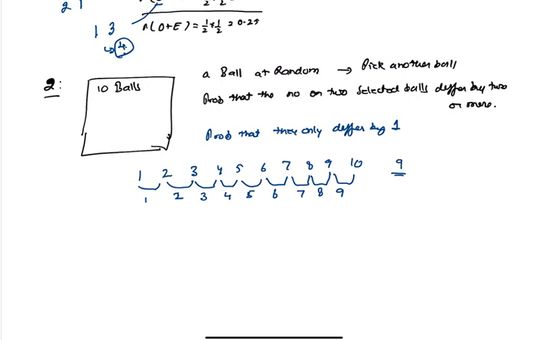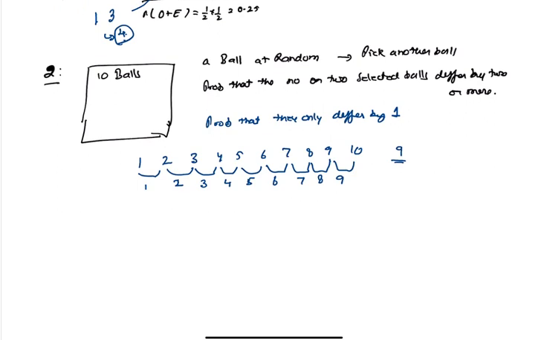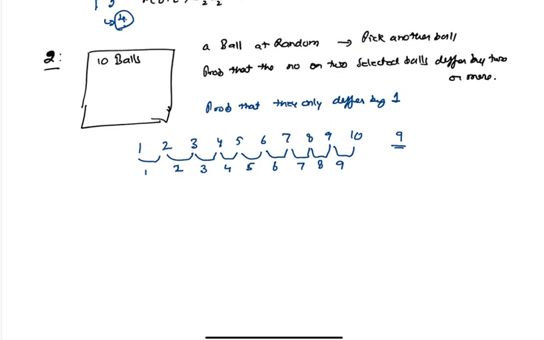possibilities. Now we are picking 2 balls out of the 10. So how many ways can you pick 2 balls out of 10? That will be 10 choose 2. That is 10 factorial divided by 2 factorial and 8 factorial, which comes out to be 45.